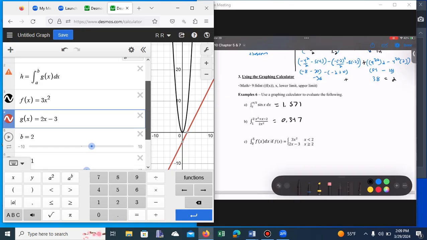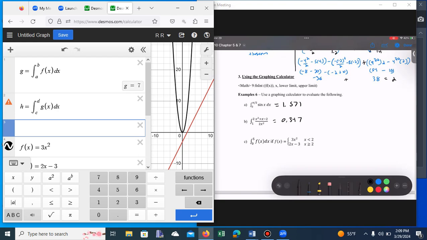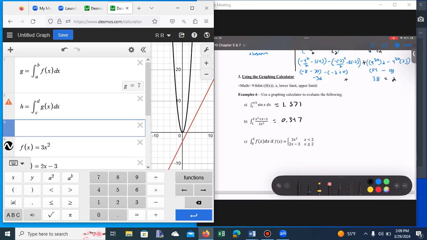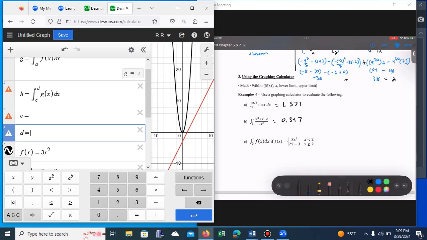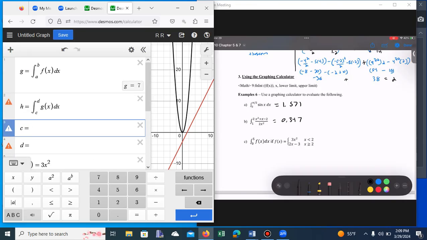And then we have to do more limits as well, c and d. Let me create the sliders there. This is c equals. So we have to adjust it.